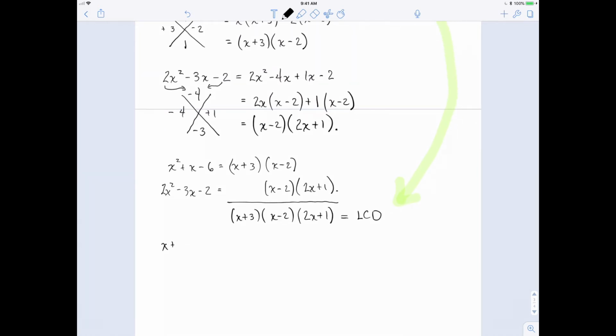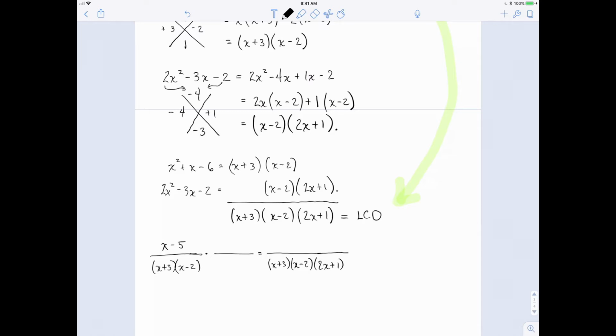That's why I check these things. x minus 5 over... now, I could write x squared plus x minus 6, but I just did all this factoring work, so let's use that, and we'll just write it as (x plus 3)(x minus 2). That'll make more sense, because we know we have to multiply it by something so that our end result has (x plus 3)(x minus 2)(2x plus 1).